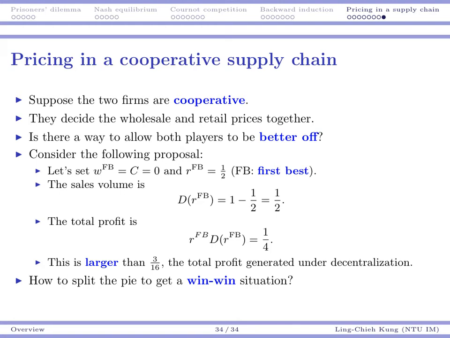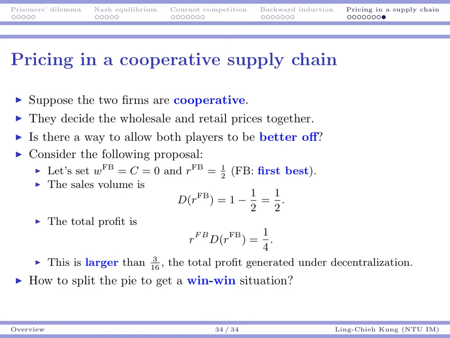Let's say the wholesale price is C and the retail price is 1/2. Here we are assuming that the parameters are 1, 1, and 0. In this case, the sales volume will be 1/2 and the total profit will be 1/4.